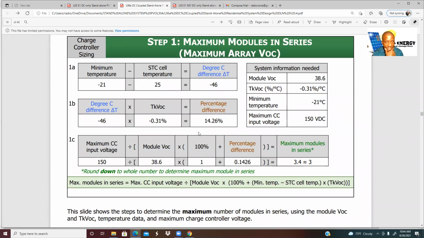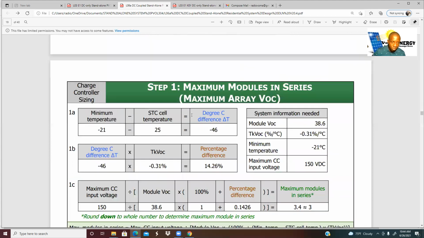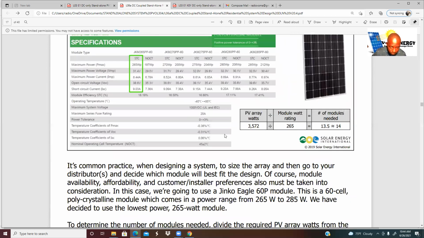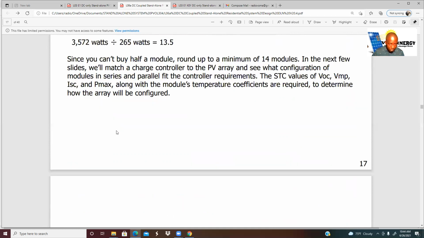We take -21 minus the STC cell temperature of 25, so we have a difference of -46 degrees. We multiply -46 by the temperature coefficient of VOC, -0.31, which is right here under the PV module. That's what they're asking for there.